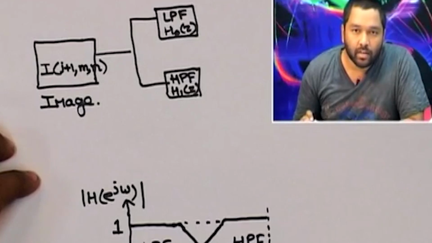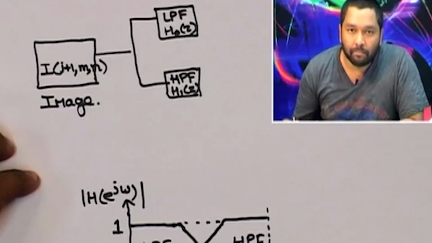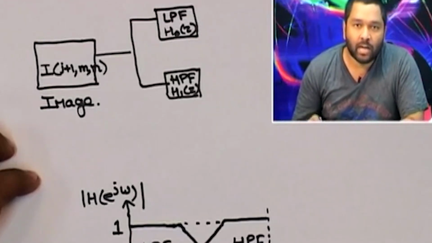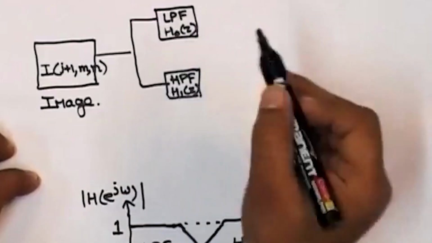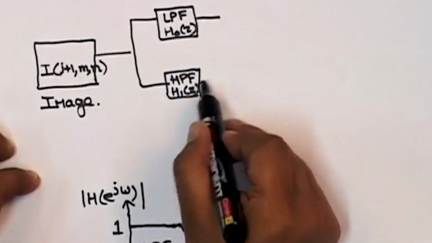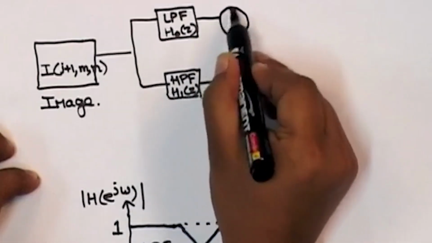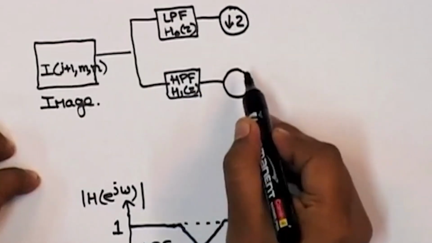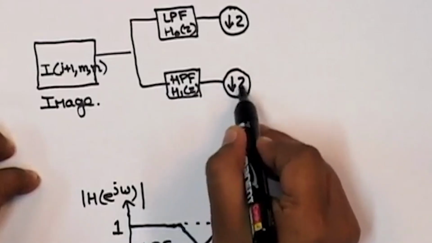We will get redundant samples, and according to the Nyquist criteria, we will not lose any information even if we remove half of the samples from our signal. So, to achieve this, we apply a downsampler by 2 operation at both of these outputs, the low pass filter and the high pass filter.